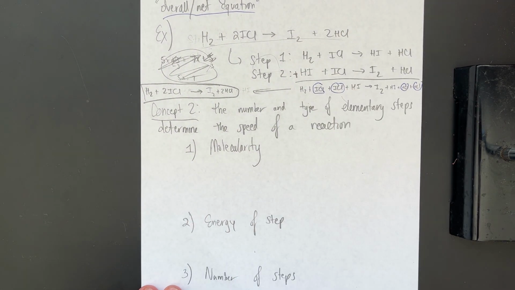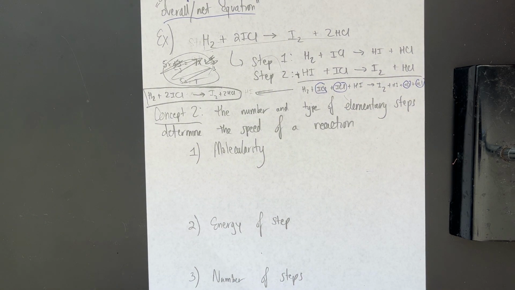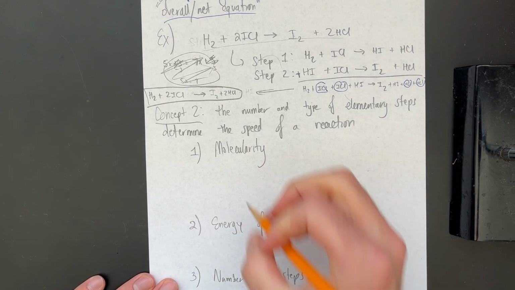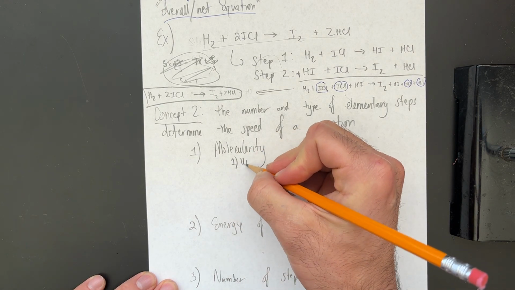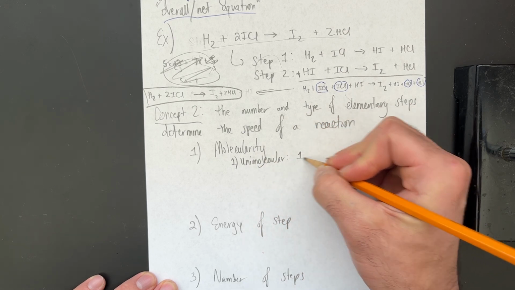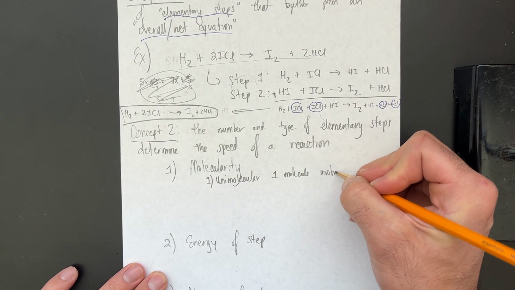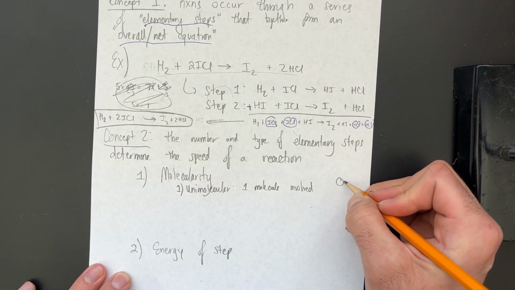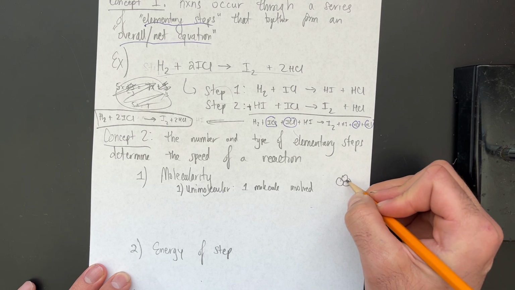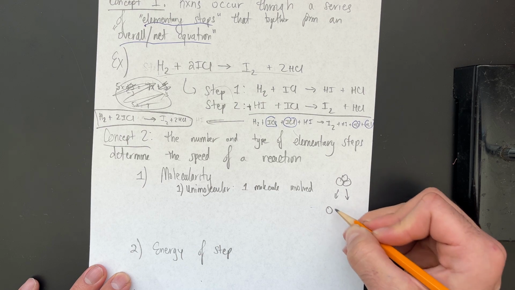And so molecularity is simply referring to the number of molecules or particles that are involved in that elementary step. Basically, you could have unimolecular, where you have just 1 molecule involved. That's, for example, if you have decomposition. We have this thing where there's 3 atoms, but 1 molecule, and it'll break up into something like this.